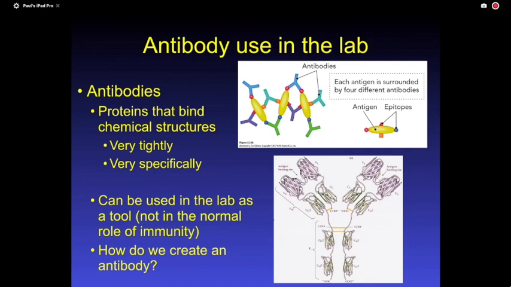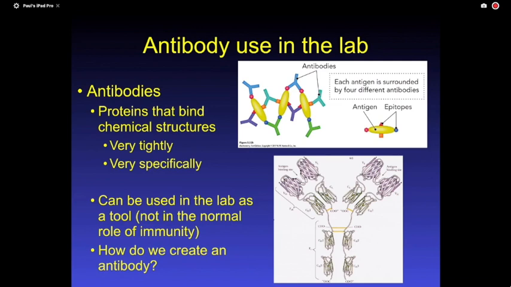And so the normal process for antibodies is to bind to antigens. An antigen is something that will interact with antibodies, and it binds at a particular place called an epitope. So the antibody binds specifically in an epitope of an antigen.